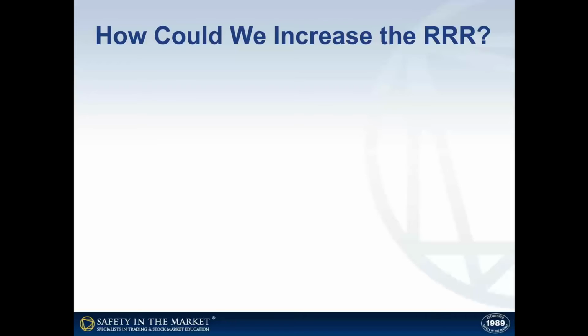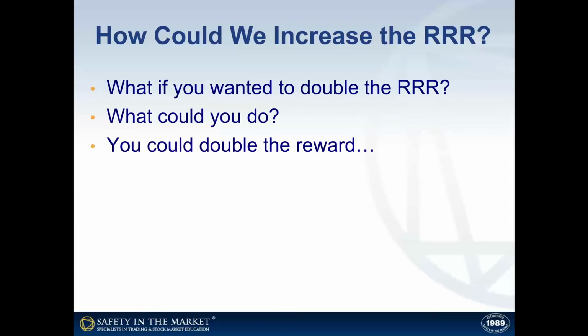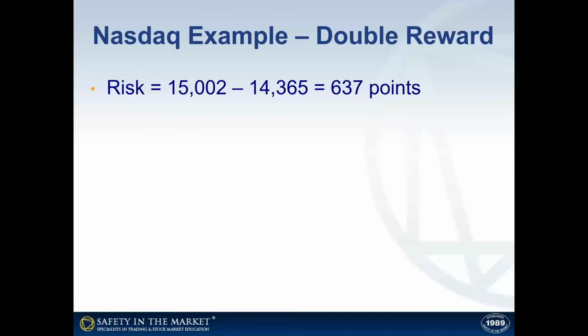So let's explore this in a little bit more detail. We want to increase our reward to risk ratio. Let's keep it simple and say we'll try and double our reward to risk ratio. What could you do? Well, you could double the reward or you could halve the risk. Either of those two outcomes is going to double your reward to risk ratio. So let's do this example on the Nasdaq.